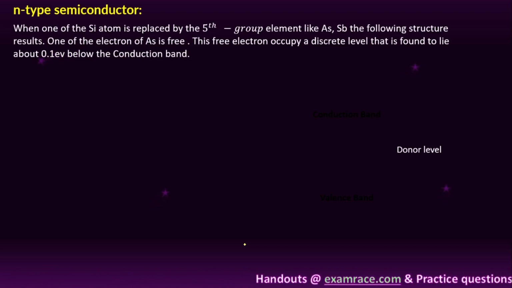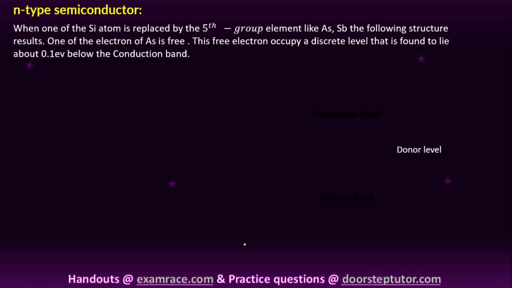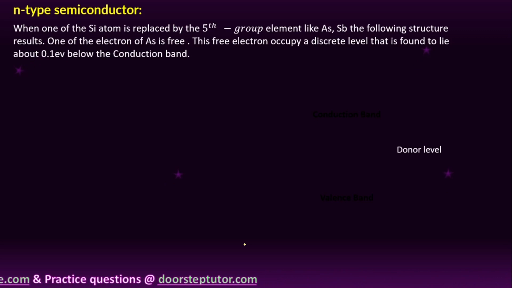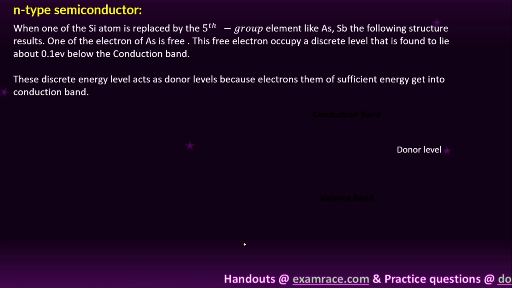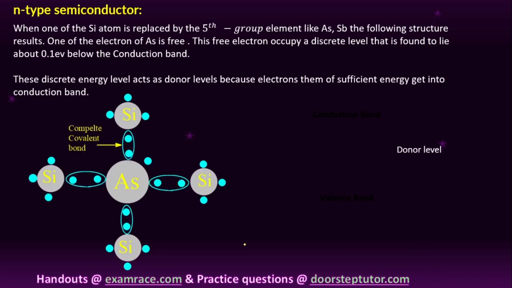So this free electron occupies a discrete level that is found to lie about 0.1 electron volt below the conduction band. Here you can see. So these discrete energy levels act as donor levels because the electrons have sufficient energy to get into the conduction band. Here, I'll explain in this structure.